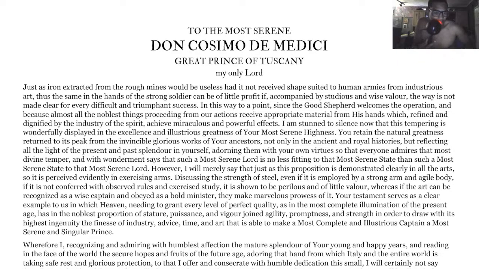In this way, since the good shepherd welcomes the operation, and because almost all the noblest things proceeding from our actions receive appropriate material from his hands, which, refined and dignified by the industry of the spirit, achieve miraculous and powerful effects, I am stunned to silence, now that this tempering is wonderfully displayed in the excellence and illustrious greatness of the most serene highness.